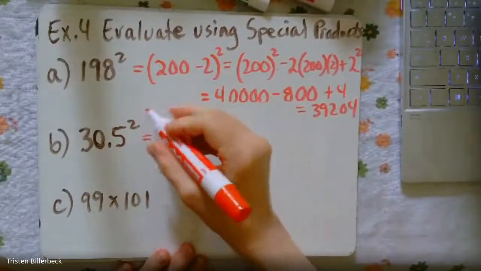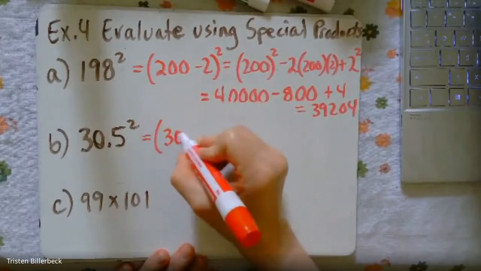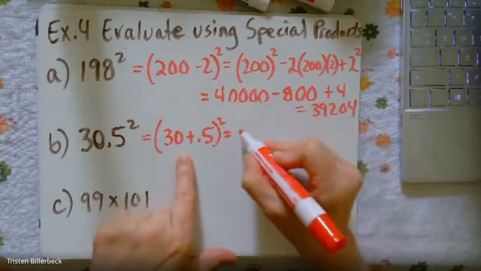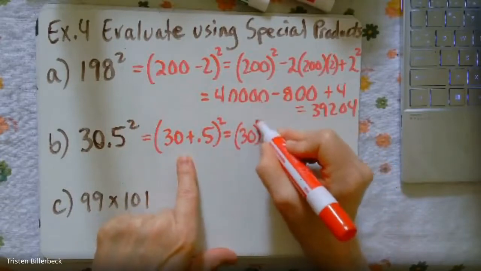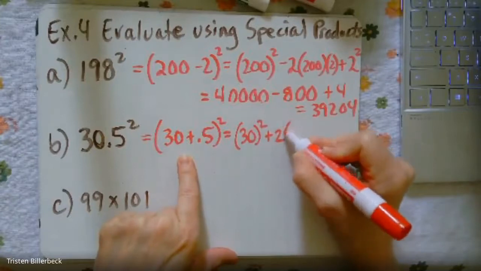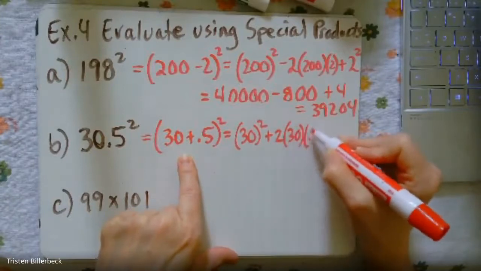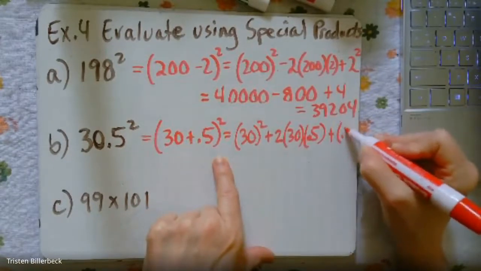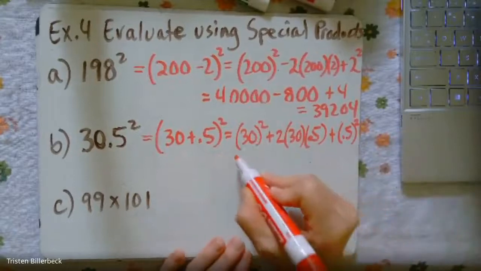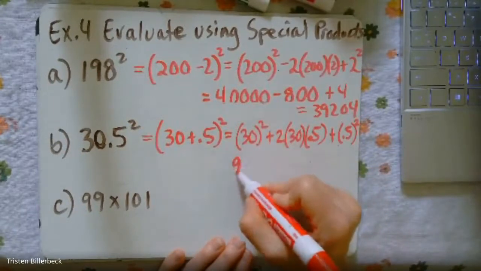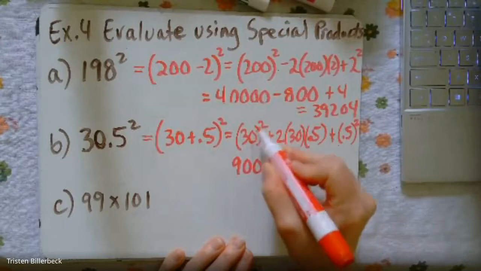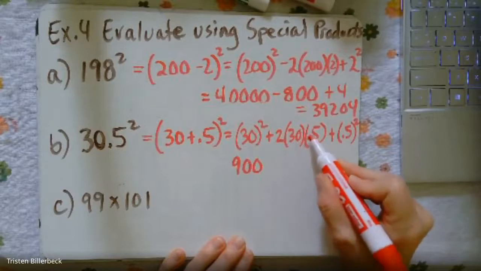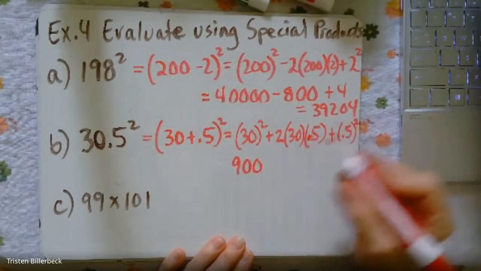This one we can write as 30 plus 0.5 and square it. So that becomes 30 squared plus 2 times 30 times 0.5, and then plus 0.5 squared. So 30 squared, 3 squared is 9, and then we have 2 zeros because we're squaring a 10. This is 2 times 30, which is 60, but then we're multiplying by 0.5, which is the same thing as a half.